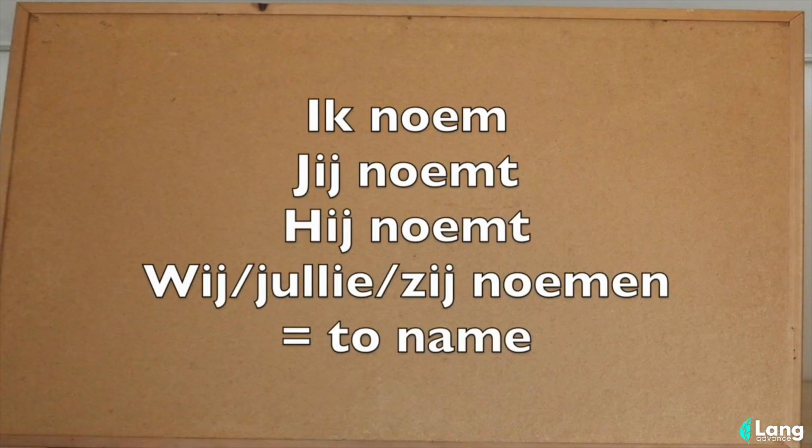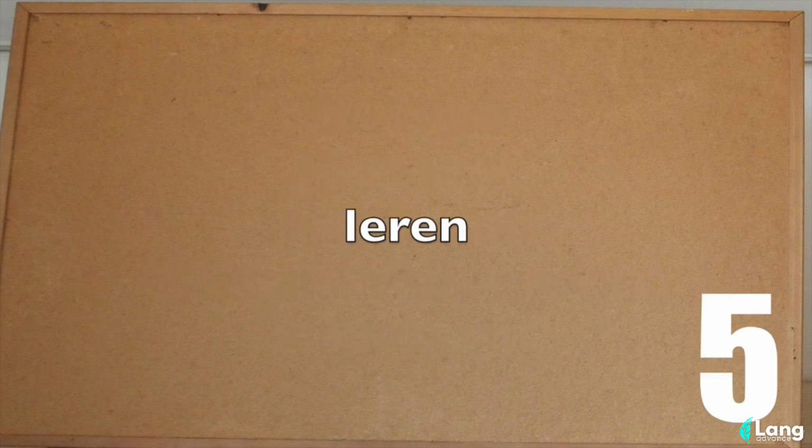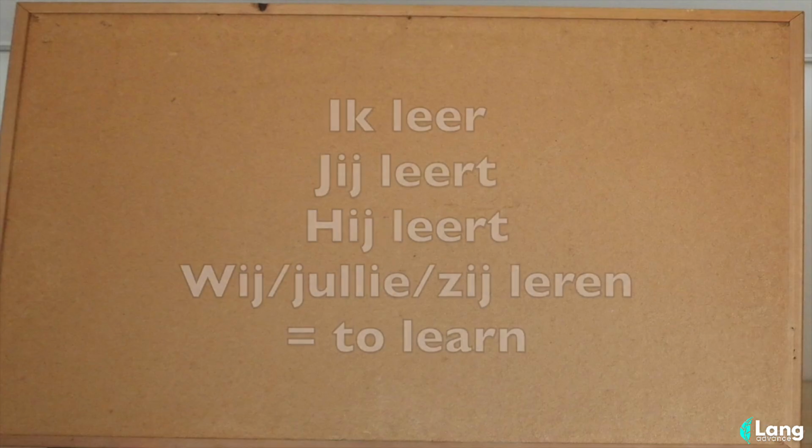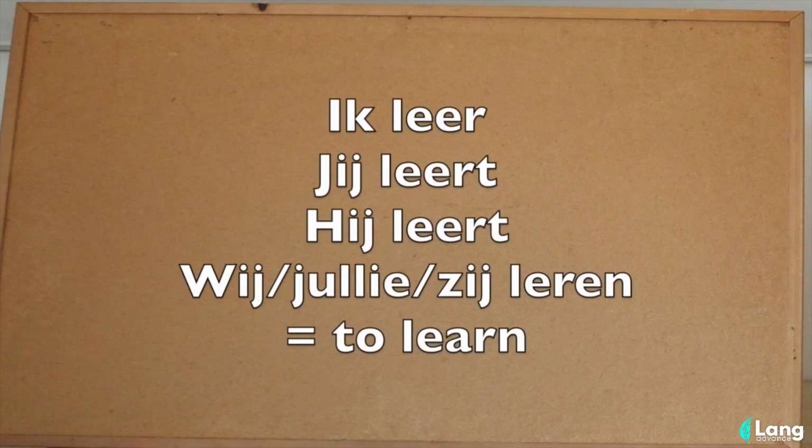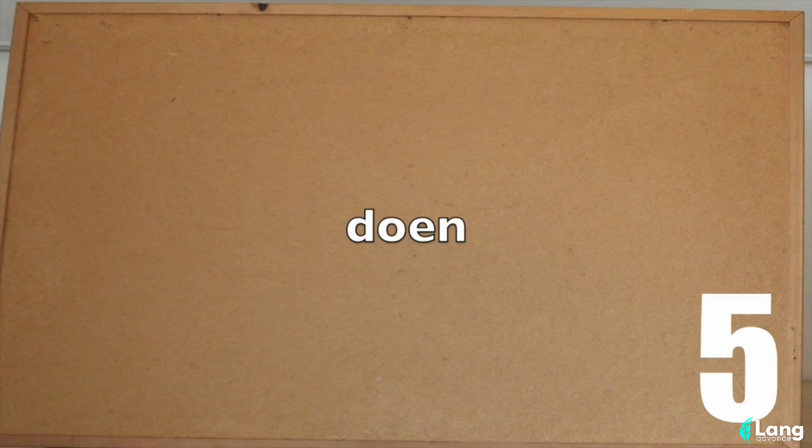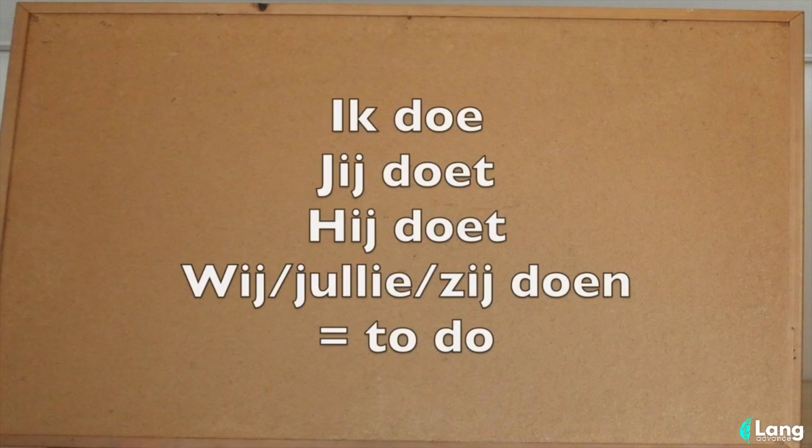Noemen, ik noem, jij noemt, hij noemt, wij, jullie, zij noemen. Leren, that's ik leer, jij leert, hij leert, wij, jullie, zij leren. Doen, that's ik doe, jij doet, hij doet, wij, jullie, zij doen.